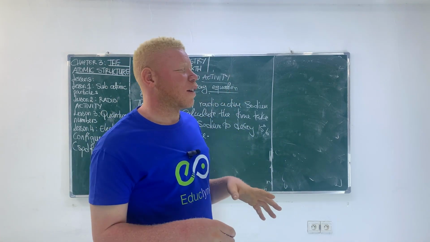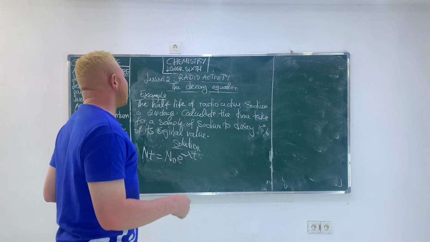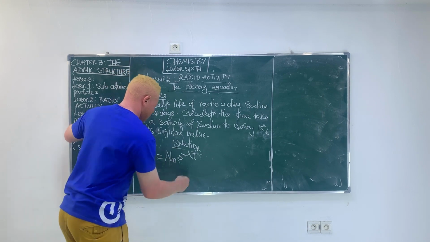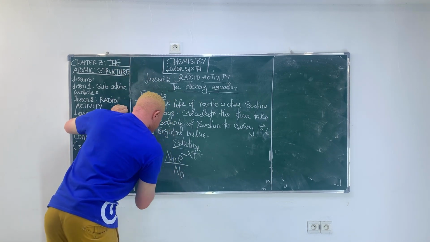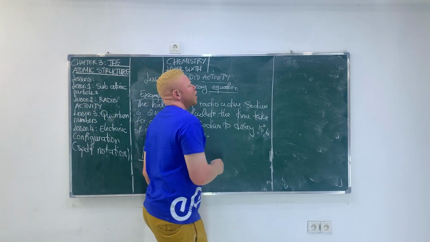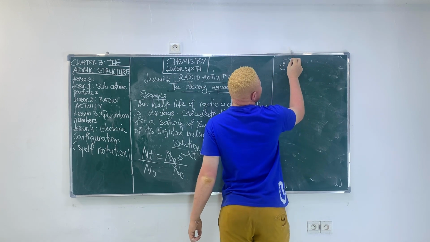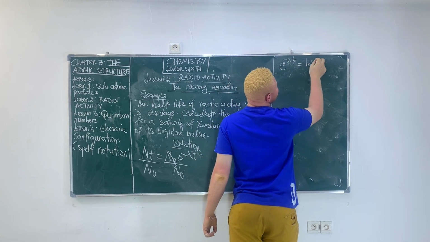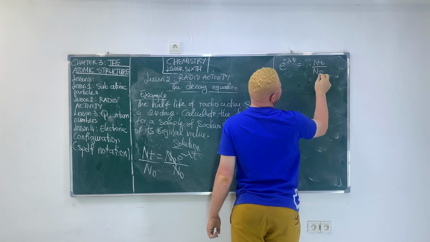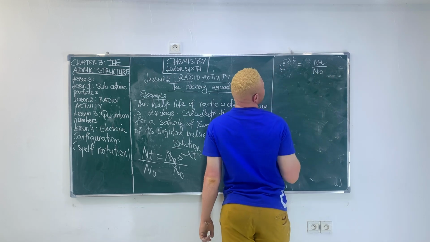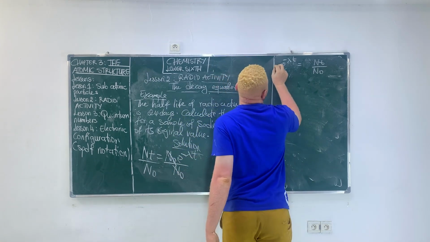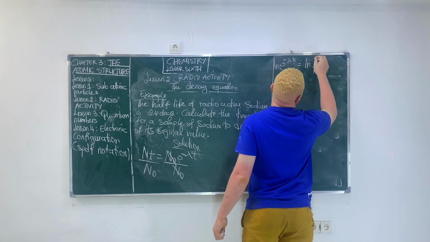We are going to do ln on both sides because the ln function will cancel the exponential function. So divide through by N_0 first of all. N_0 cancels, so e to the minus lambda t is equal to N_t on N_0. To remove the e function, we apply ln, the natural logarithm, on both sides.